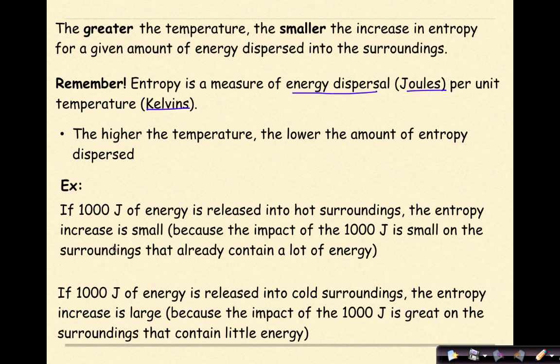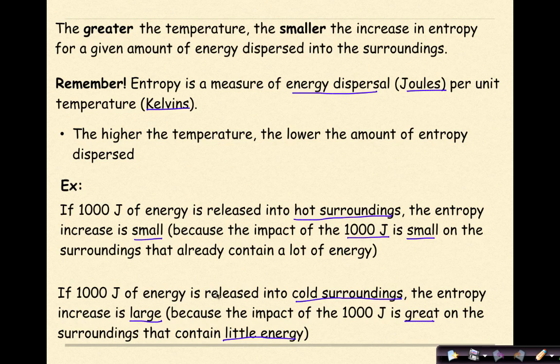Let's relate that to an example. If 1,000 joules of energy is released onto hot surroundings, the entropy increase is small, because the impact of 1,000 joules is small on the surroundings that already contain a lot of energy. If 1,000 joules of energy is released into cold surroundings, the entropy increase is large because the impact of 1,000 joules is great on the surroundings that contain little energy.